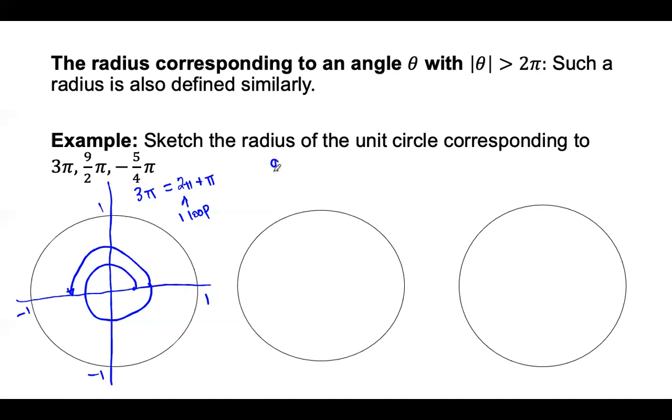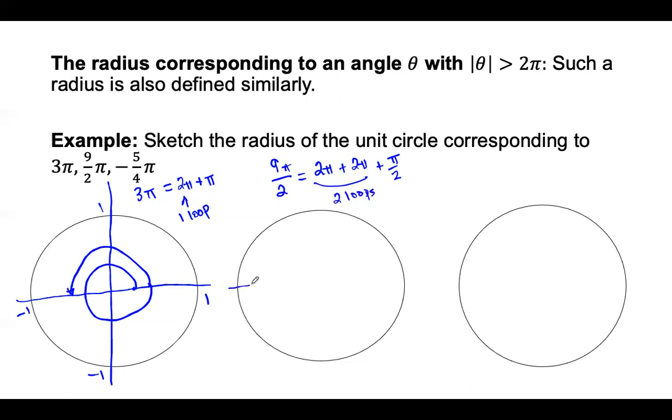What about 9 pi divided by 2? 9 pi divided by 2 is the same as 2 pi plus 2 pi plus pi divided by 2. And you could check that they add up to 9 pi over 2, because this would be 8 pi divided by 2 plus pi divided by 2, so that's 9 pi divided by 2. And you see that we would have 2 loops.